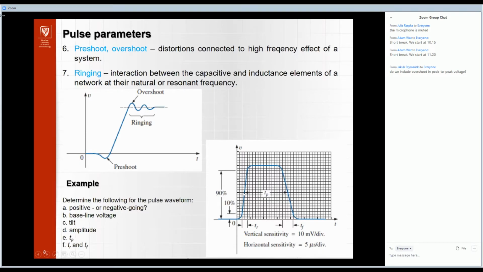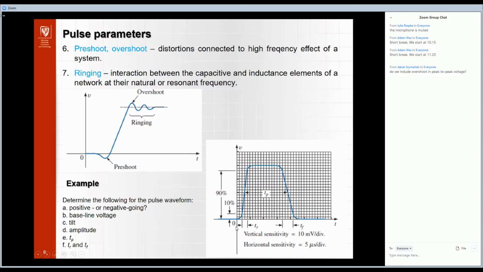And tP we can measure here: 1, 2, about 3, less than 3, and if we calculate by multiplication this one and 3, it's close to 15. And t rise and t fall, it's about one small part, it is 1 microsecond.